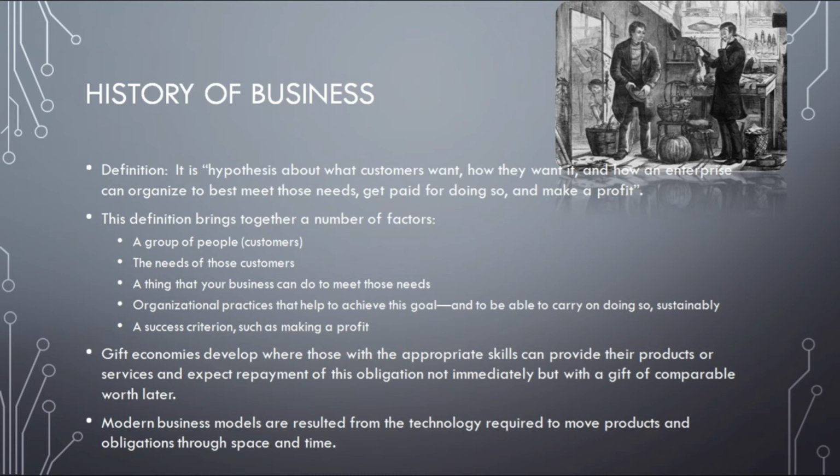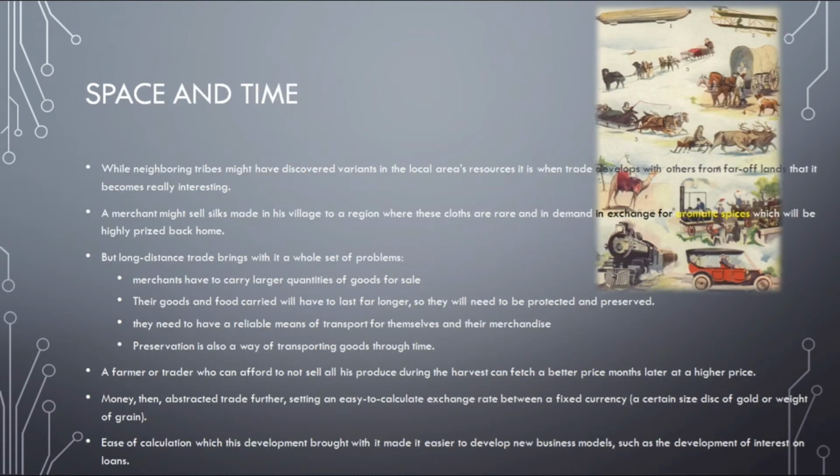Gift economies develop where those with the appropriate skills can provide their products or services like hunting, pottery, livestock, grain, childcare, etc. And they expect repayment of this obligation not immediately but with a gift of comparable worth later. This was not a return debt but a social obligation which the recipient will repay in due course.